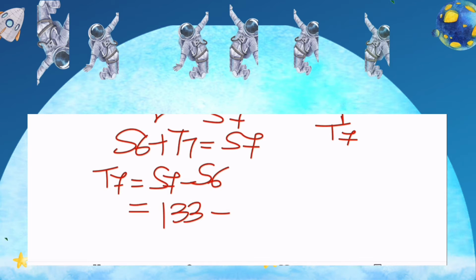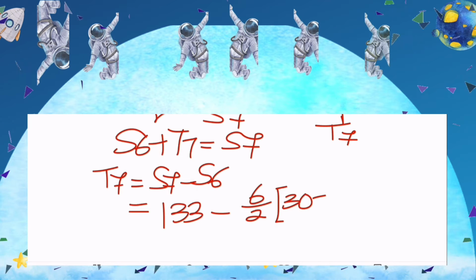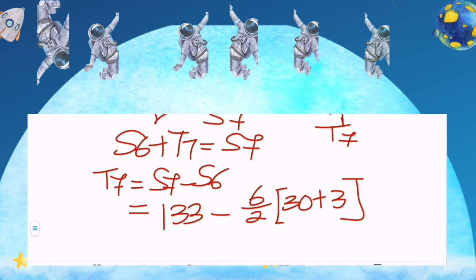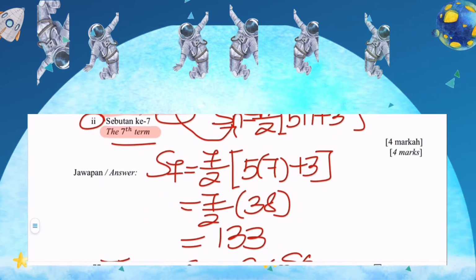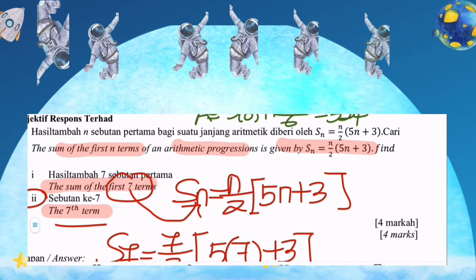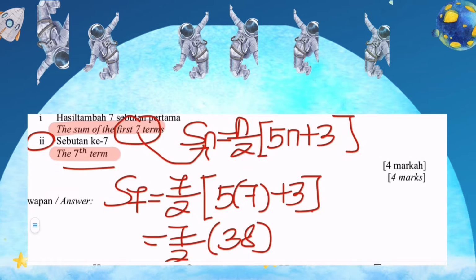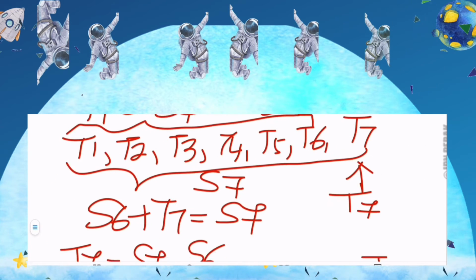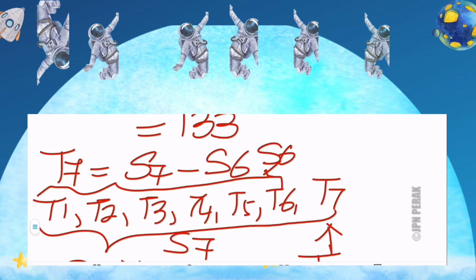So we take S7, which is 133, minus the sum of the first 6 terms. We can just use the formula Sn: 6 over 2 multiplied by 5 times 6 plus 3. The sum of the first 6 terms is obtained by substituting n equal to 6.